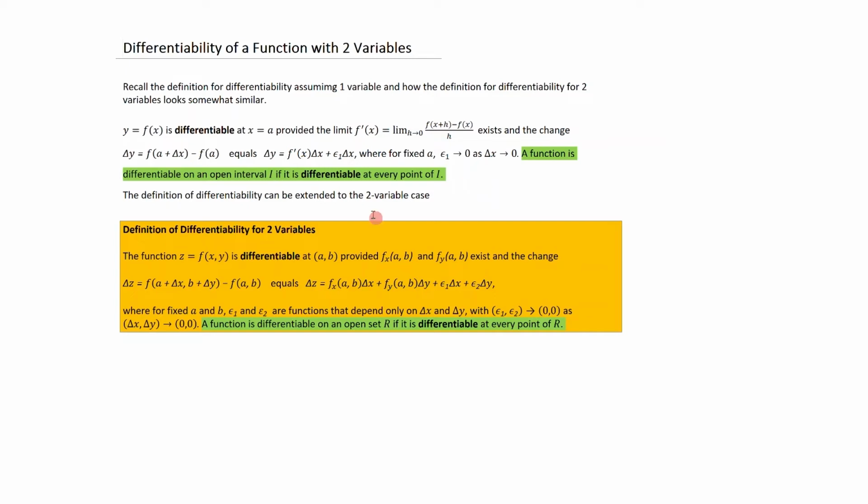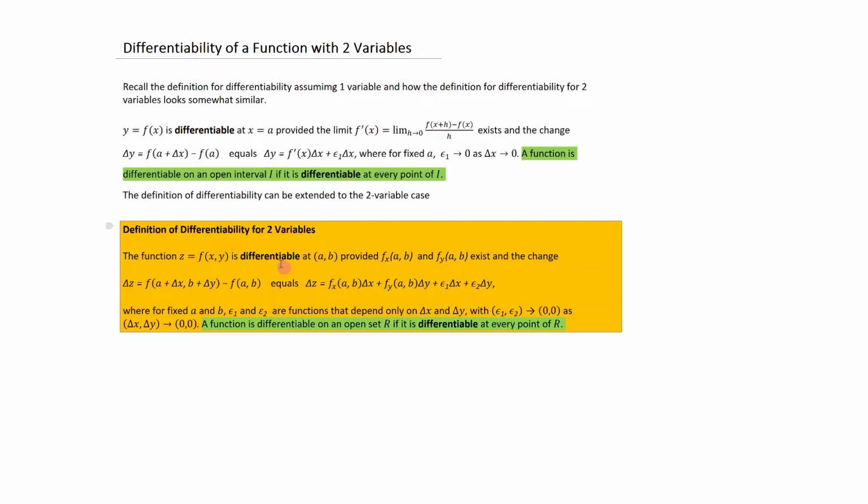Now, using the same platform, we can extend essentially the definition of differentiability to the two variable case, except we now have two derivatives to consider, both being partial derivatives. So let's see what the difference is. First of all, it's a function of two variables. So we have a function z equals f of x, y.